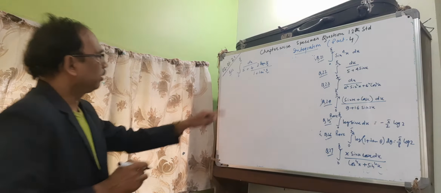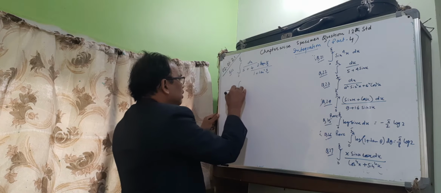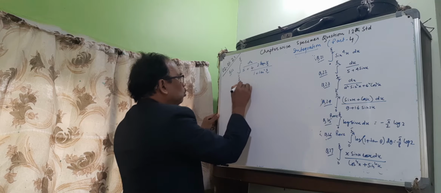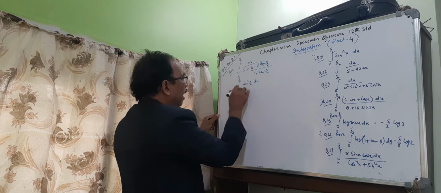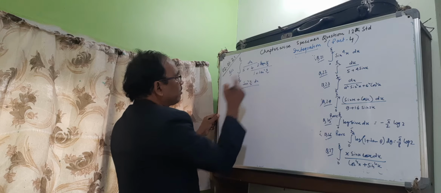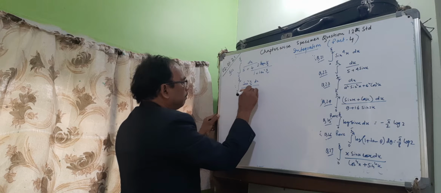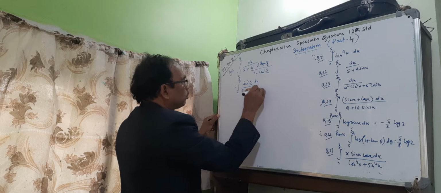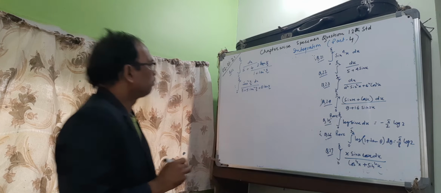Now do the addition, 1 plus tan square will be the LCM, that will go up. That is 0 to pi by 2, sec square x by 2 dx over 5 plus 5 tan square x by 2 plus 8 tan x by 2.